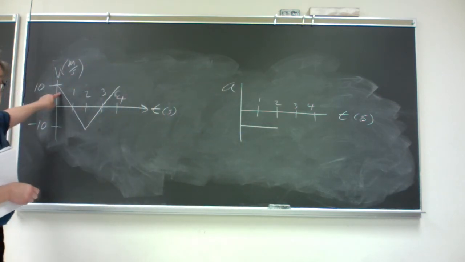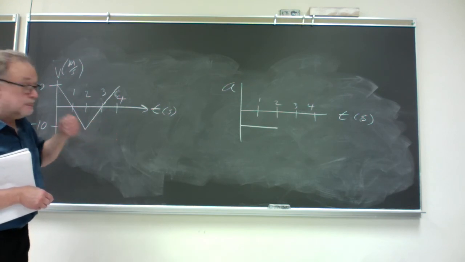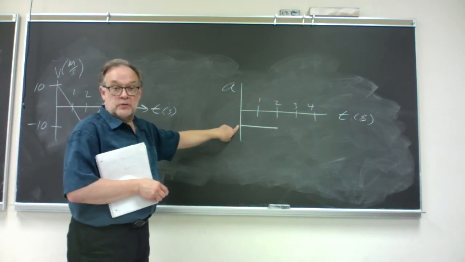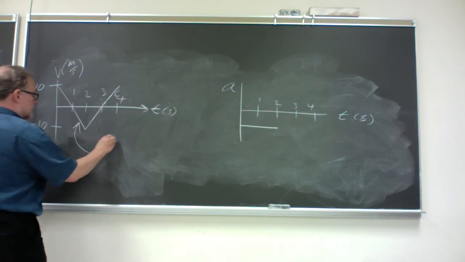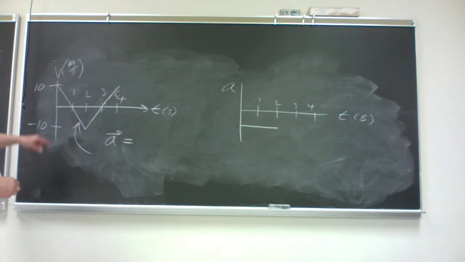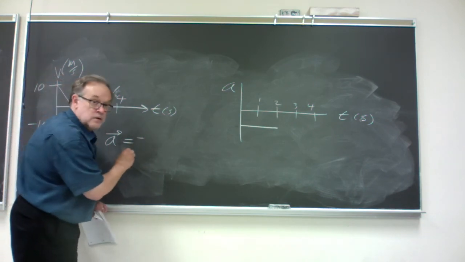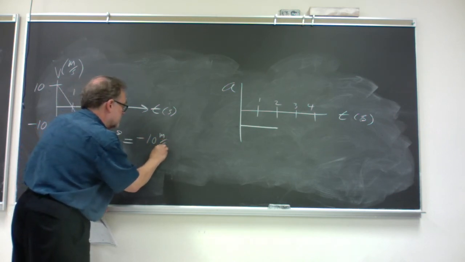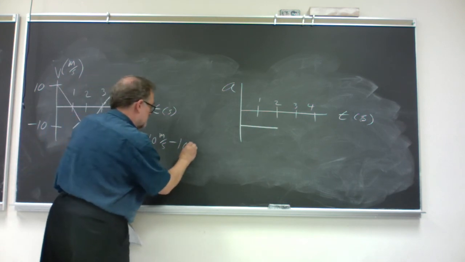The velocity is always becoming more negative, and it's always doing so at the same rate. Well, we can actually calculate the value of this negative acceleration. In these first 2 seconds, the velocity goes from 10 to -10. That is the final value of velocity is -10 meters per second minus the initial value, which was +10 meters per second.